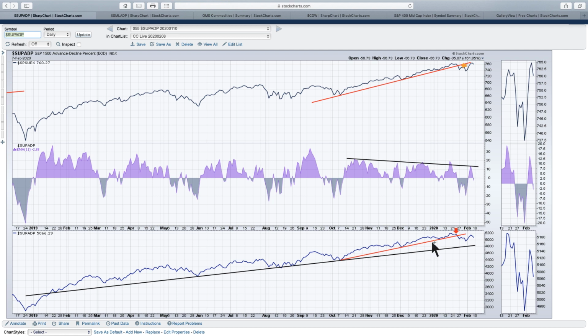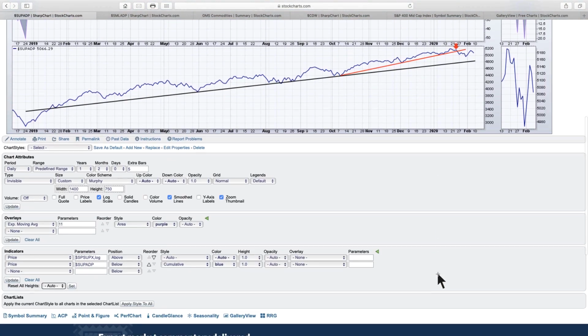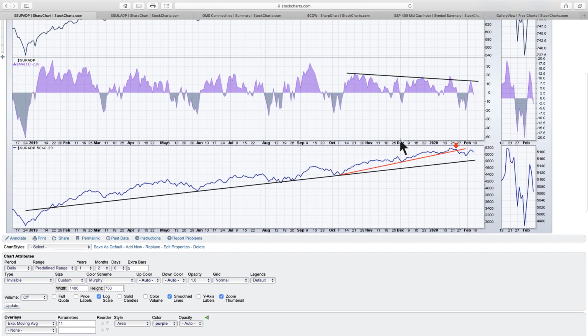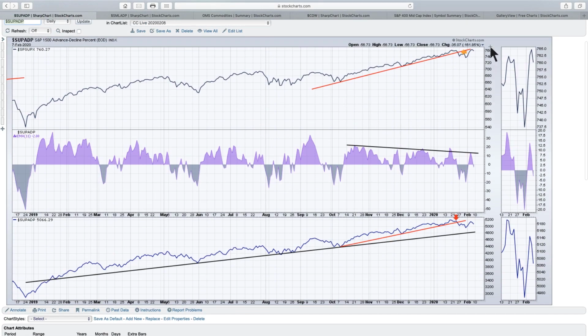And then in the lower panel is the advanced decline percentage in what's called a cumulative mode. And when we do it in cumulative mode, I'll just show you how the differences look in the settings here. So up at the top, I've got it as a logarithmic setting so that the scale continues to maintain a percentage difference as it goes up.